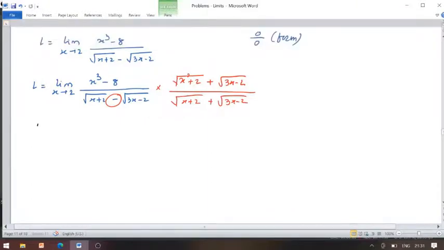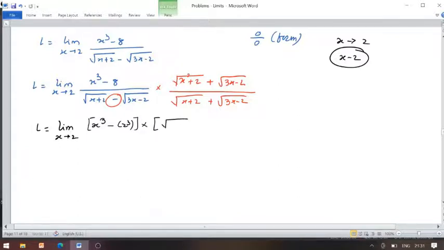After simplifying, look carefully: once x tends to 2, x minus 2 becomes a factor of numerator and denominator, which will cancel out, and by applying the direct method of limit we get the value of the given limit. For that, x cube minus 8 we can write as x cube minus 2 cube, into, multiplying numerators, root of (x + 2) plus root of (3x minus 2).